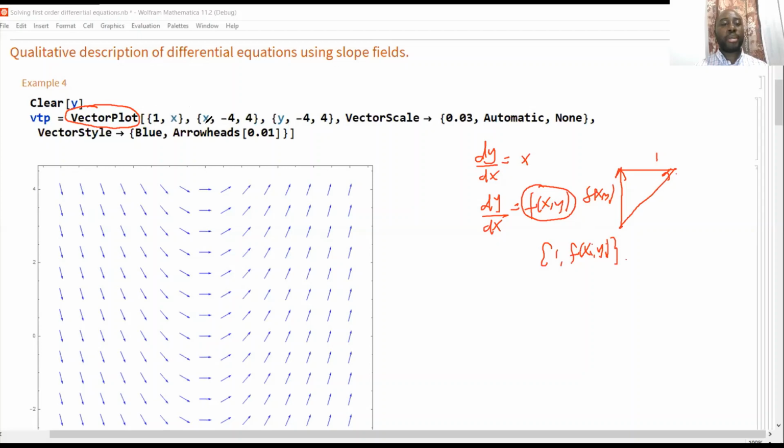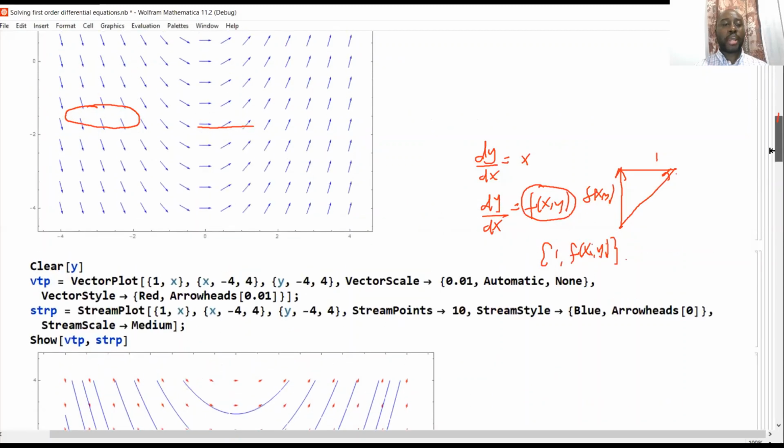The second argument is the range of x values that you want to show on your grid. Notice that here my x-axis ranges from -4 to 4, because that is what I told you to do. It's going to take this range and create a grid at discrete points. Look at all these tick marks here.